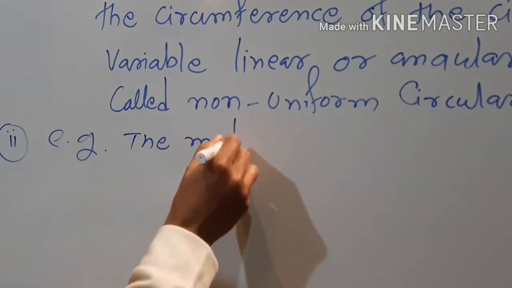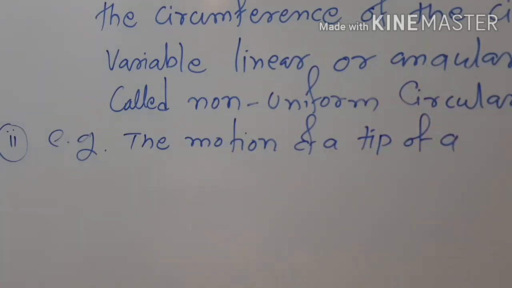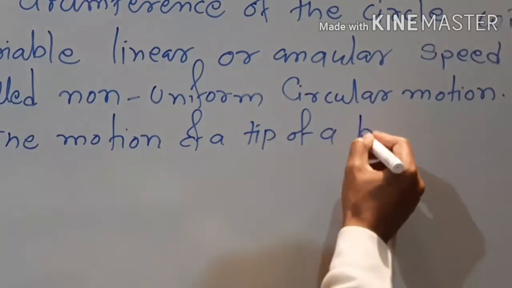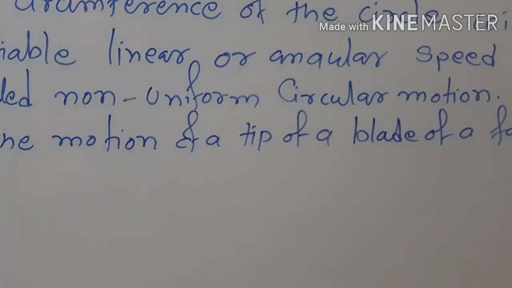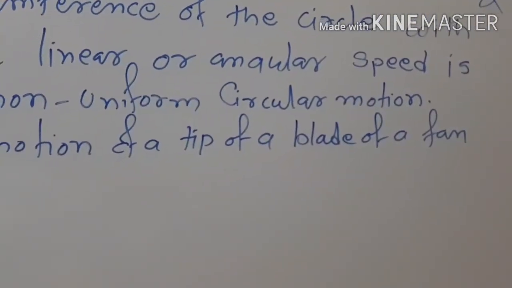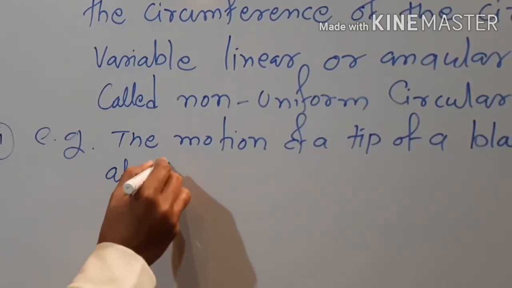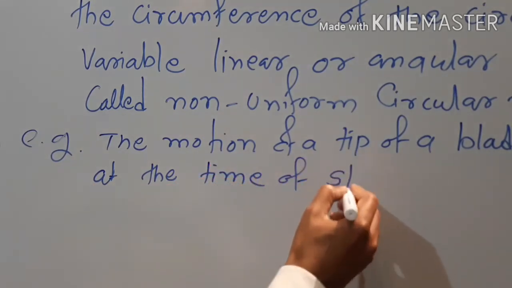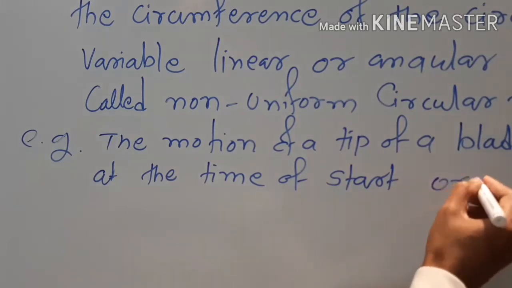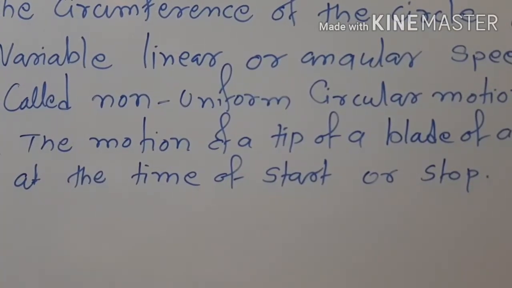The motion of a tip of a blade of a fan at the time of start or stop. This is an example of a non-UCM.